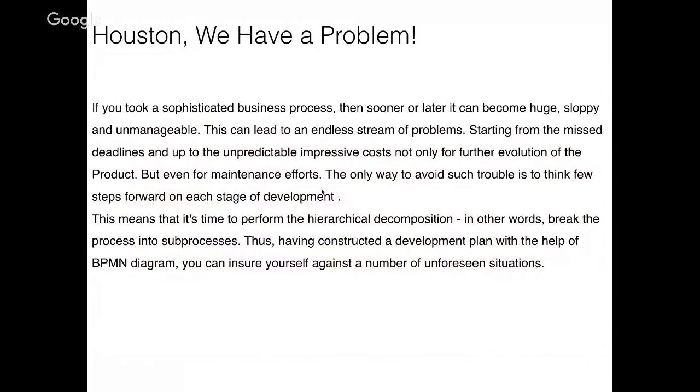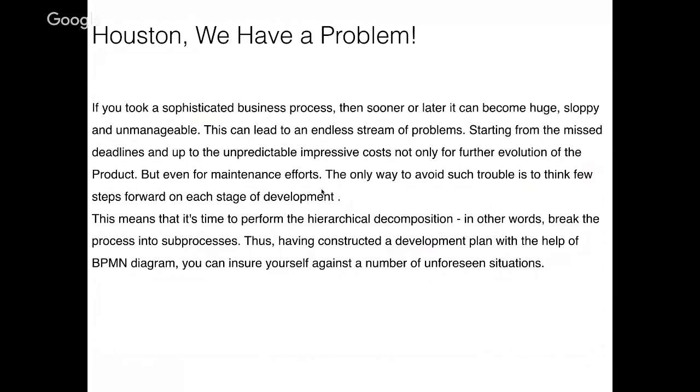Let's first of all define the problem leading us to, let's say, the negative outcome. When you're trying to implement a relatively sophisticated business process, sooner or later, going the way of compromises and building it up from a technical perspective or from a design-only perspective, you'll get yourself into a huge mess.